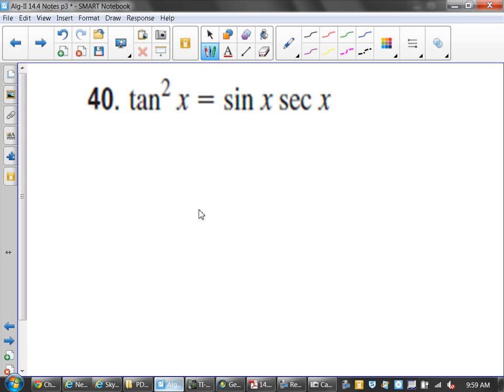So in this case, I have tangent squared equals sine secant. So I have to start messing around with this a little bit to figure out what I'm going to do to start with. What's sine times secant equal to? It's tangent, isn't it? So this is tangent squared.